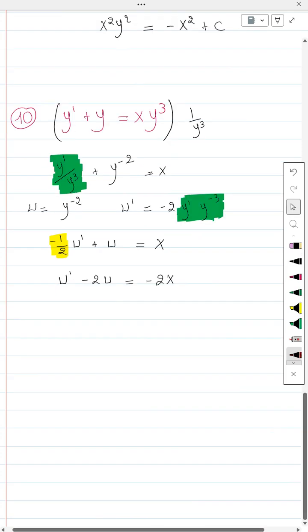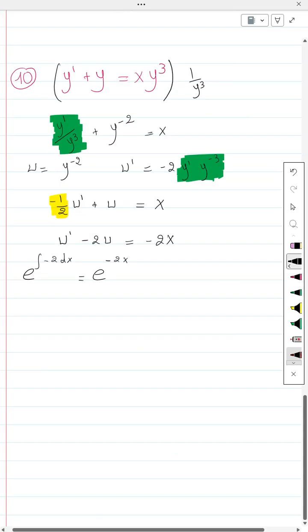So as you can see here, let's take the integral of minus 2 dx, so the integrating factor is going to be exponential minus 2x. So by multiplying by exponential minus 2x, we're going to obtain exponential minus 2x u prime minus 2 exponential minus 2x u is going to be equal to minus 2x exponential minus 2x.